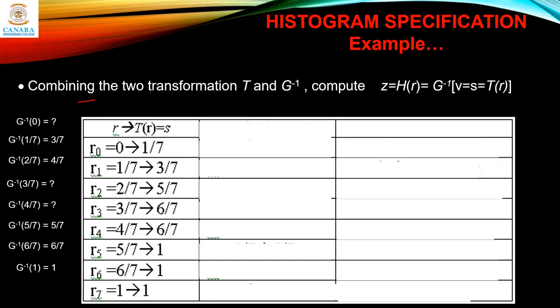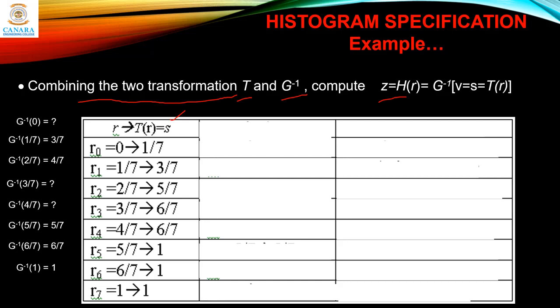Let us now combine the two transforms T and G inverse and compute Z equal to H of R. Okay, so the first column is R mapping to T of R. So this is basically what we did in the first problem, or in equalization in the previous lecture. Okay, and first part of this problem also. So equalization of the input image.